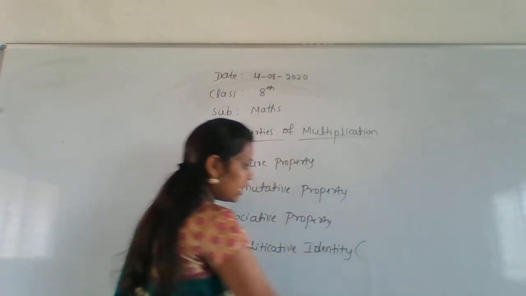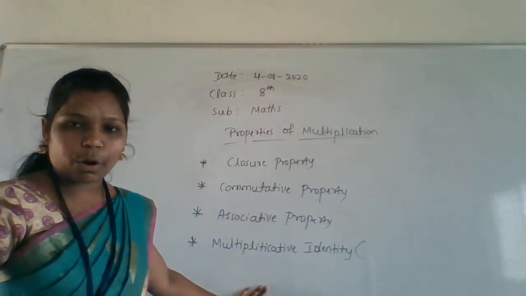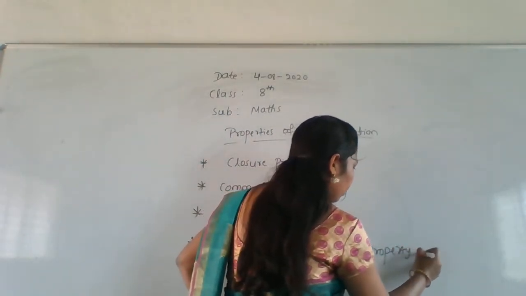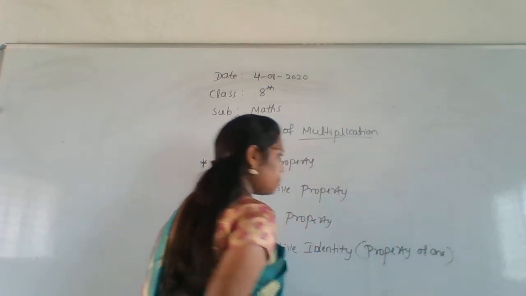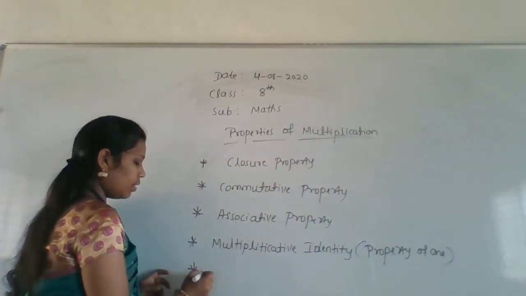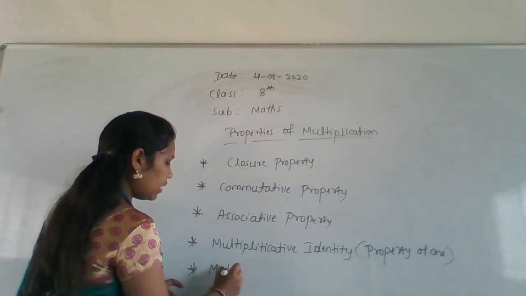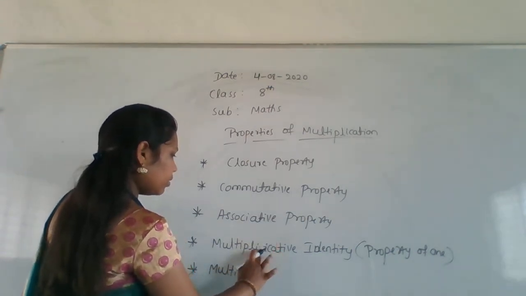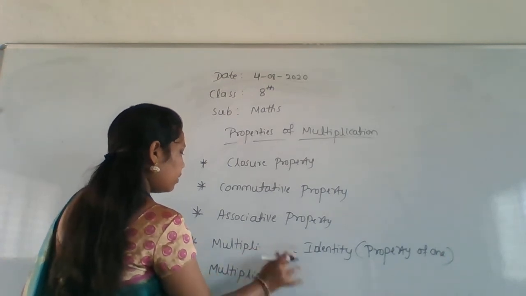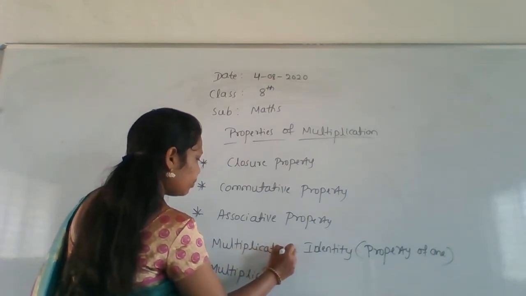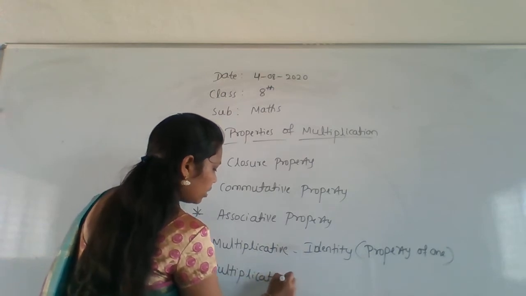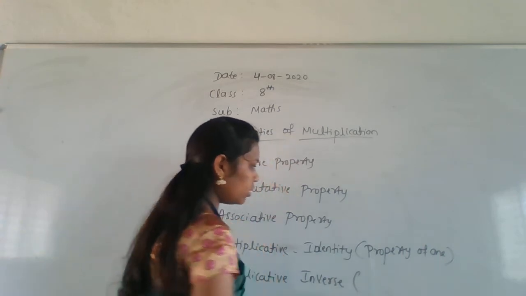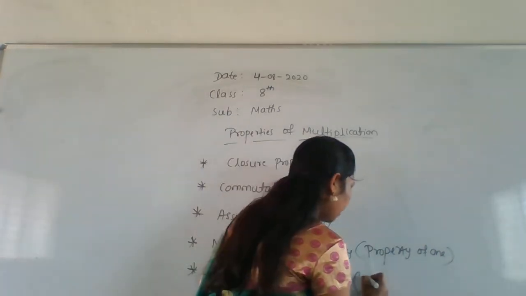And they give another name for this, that is nothing but a what? Property of 1. Next property is multiplicative inverse property. I hope you all heard these words. That is nothing but a reciprocal number.